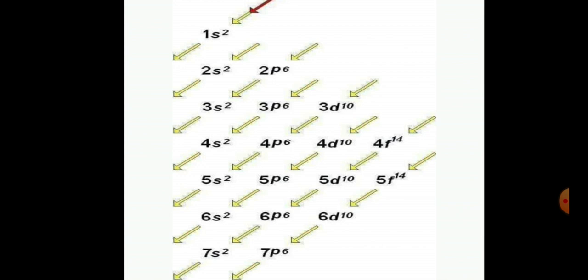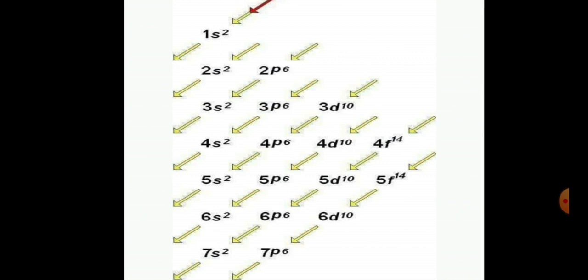Sometimes this could be confusing because the sequence is flexible. After 4s, 3d is filling. So this kind of trend could be very difficult to remember because the sequence is not in order.